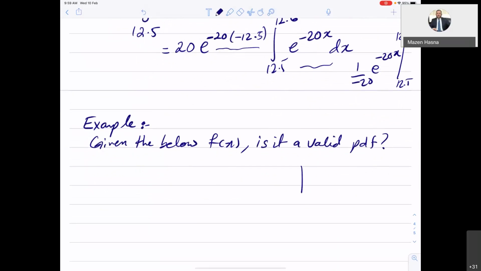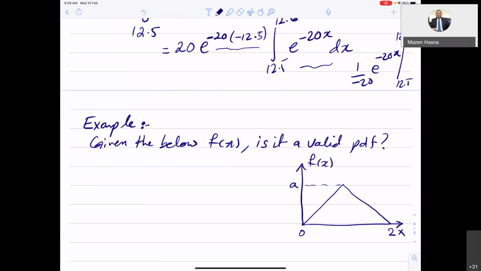So I can give you something like this. For example, this is 0, this is 2, and this is a. For a equals 2, is this a valid PDF? So what are the conditions?